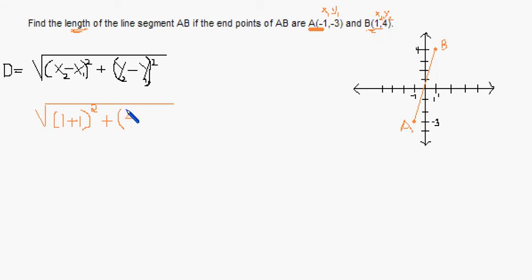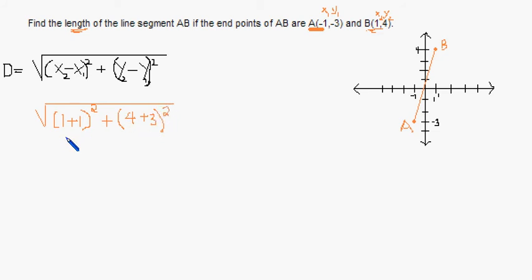So I write down 4 minus y sub 1, and y sub 1 is -3. Because y sub 1 is -3, we're subtracting a -3. That makes it a positive 3. We have 4 plus 3, and it's squared.